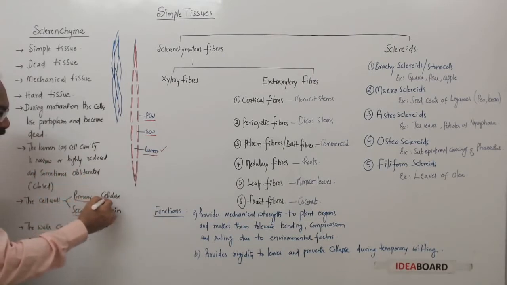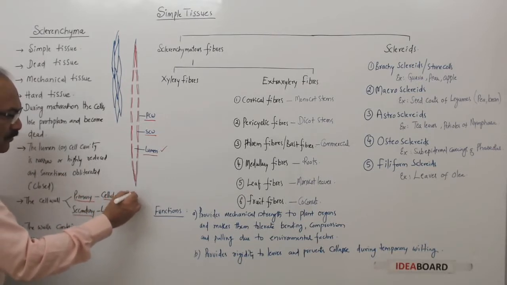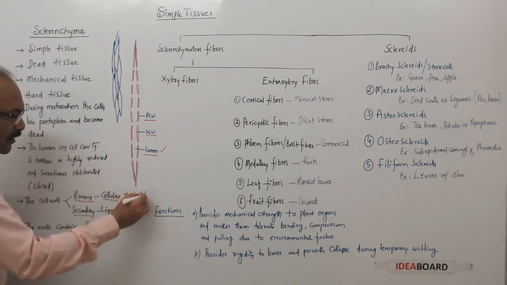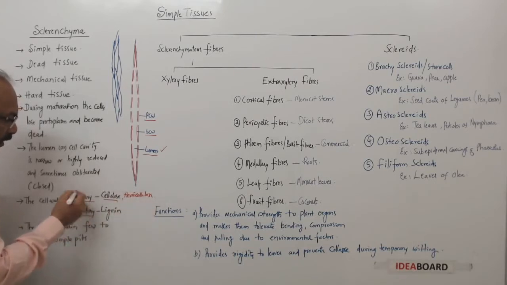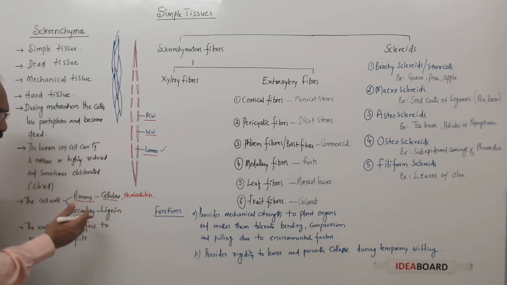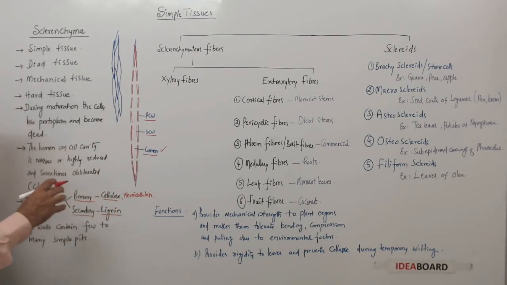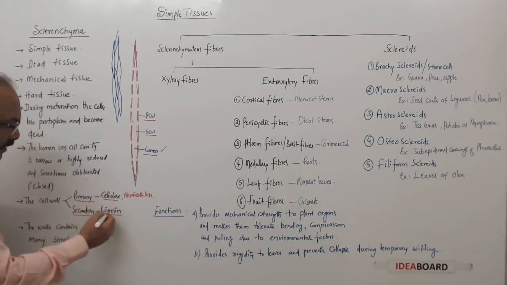The primary cell wall is made up of cellulose, and you may find hemicellulose also. Cellulose and hemicellulose make the primary cell wall, and below that primary cell wall you will find lignin material. This lignin is pervious to water, not impervious. It allows the water. So that is the secondary cell wall.